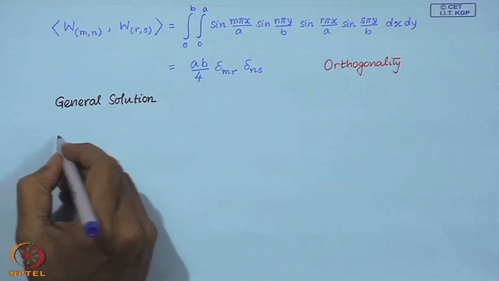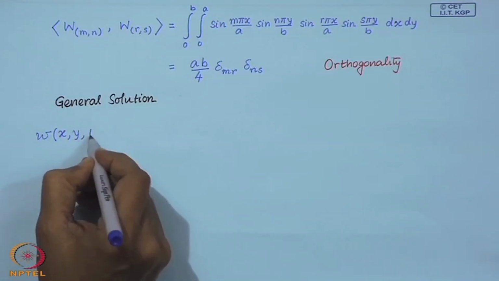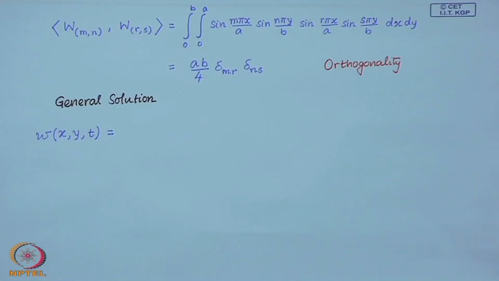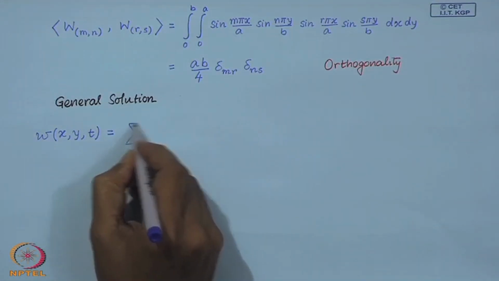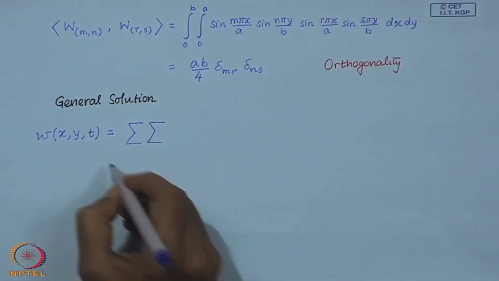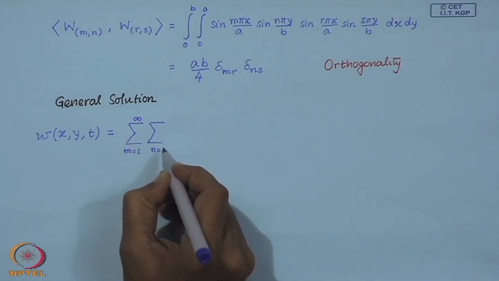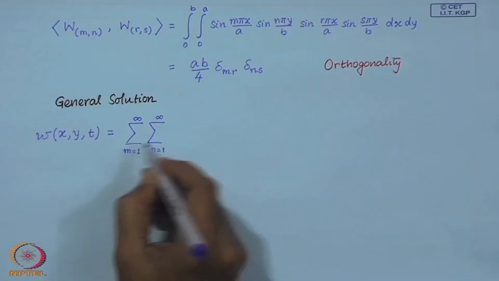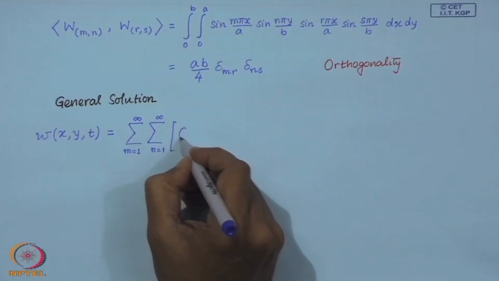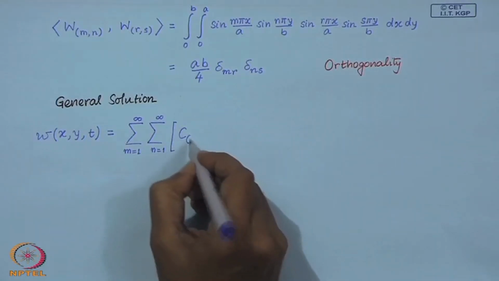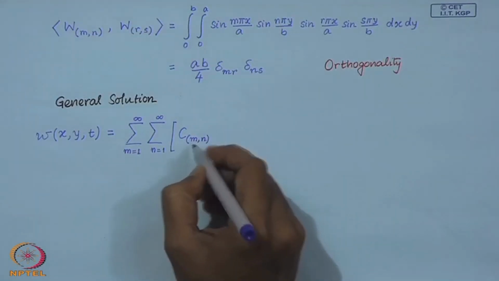So, here the general motion of the membrane may be written as the summation over, now all these constants that I introduce, we have these indices m n.